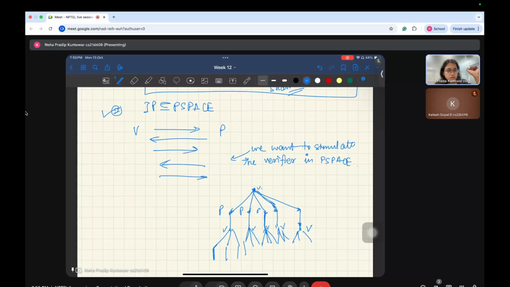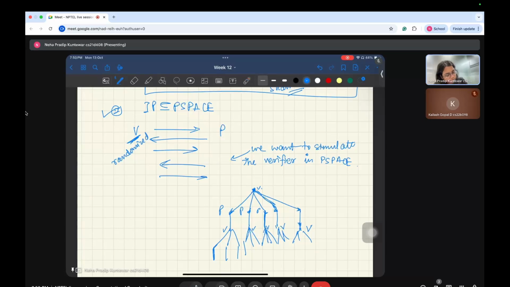But if the verifier is randomized, that is, the verifier tosses random coins, which is what happens in our case for IP, then for every response of the prover the verifier tosses some random coins and sends a query to the prover. For each of these tosses, the prover's answers could be different, so there is more branching at each of these stages.